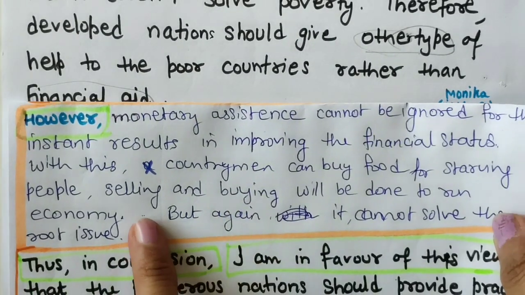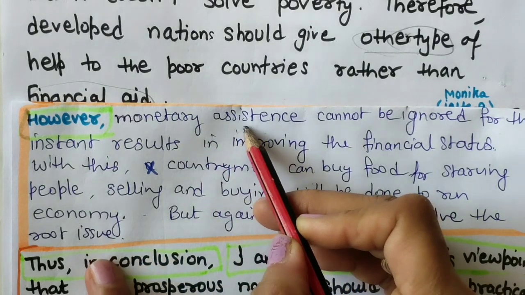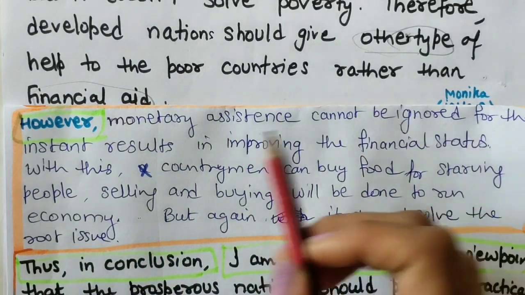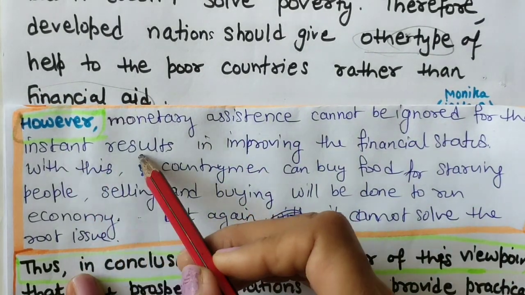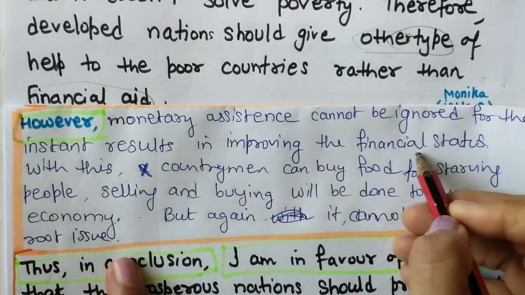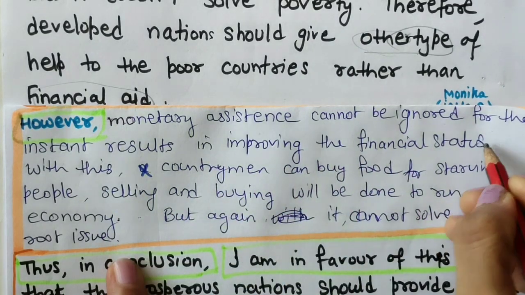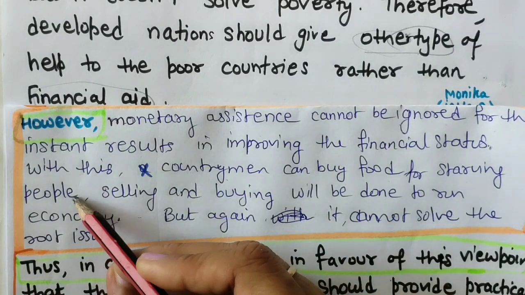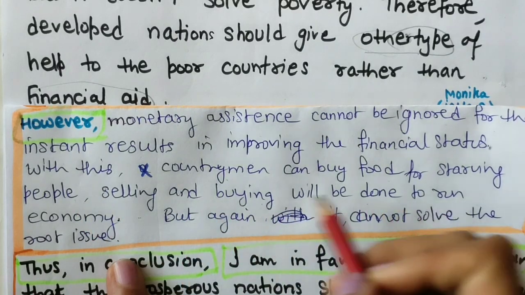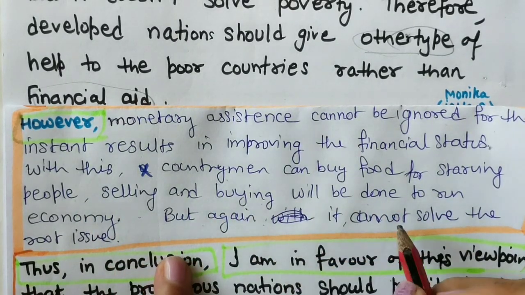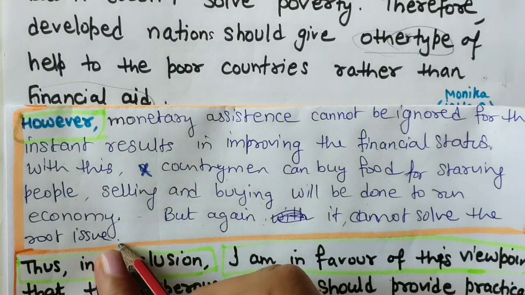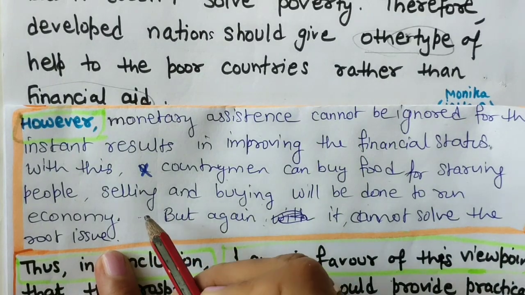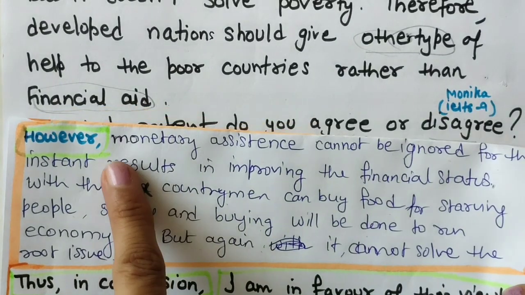So that's why I have written, however, monetary assistance cannot be ignored for the instant results in improving the financial status. With this, countrymen can buy food for starving people. Selling and buying will be done to run the economy, but again it cannot solve the root issue. Okay, now conclusion.